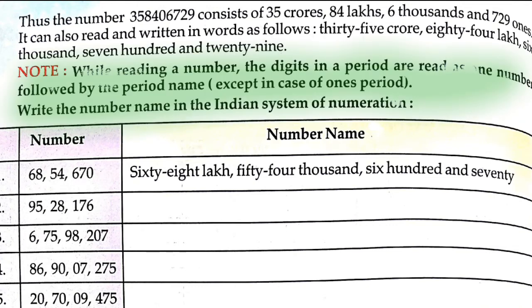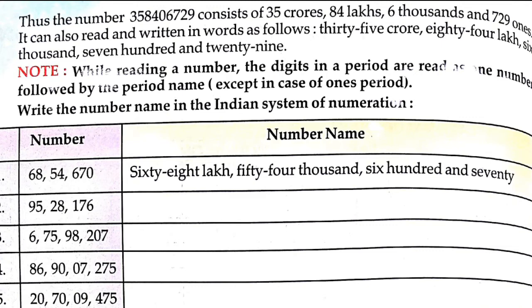Now you see, while reading a number, the digits in a period are read as the number followed by the period name, except in the case of the ones period.